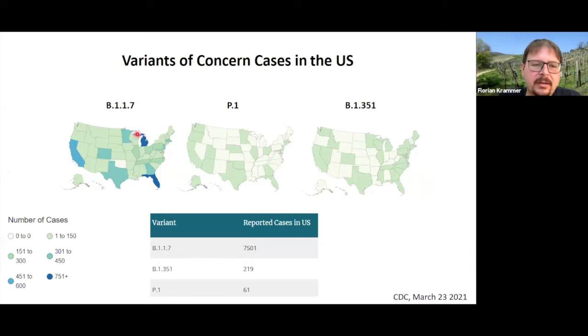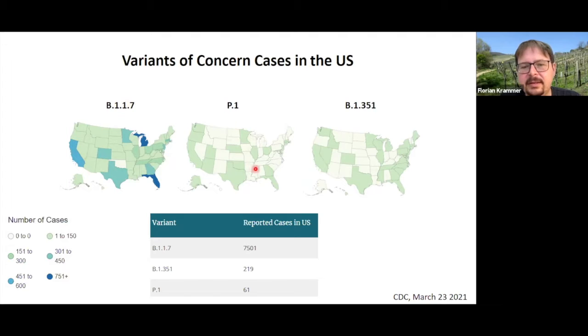Now, how prevalent are these variants in the US? B117 became relatively prevalent, specifically in Michigan and in Florida, but it's still not that many cases. We have very little of it in New York. And again, these are not large case numbers, but it seems to increase in frequency. Again, this virus, if you're vaccinated, you don't have to worry about it. The vaccine covers it completely.